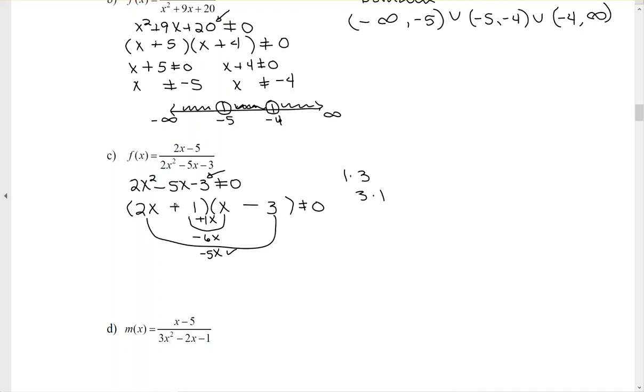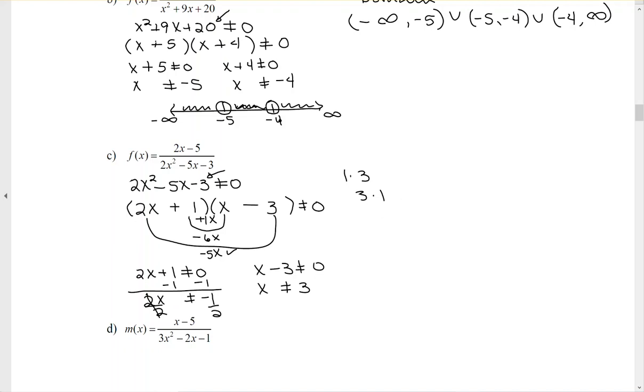Once I'm sure about the multiplying it back out to get this, I then go ahead and set each factor not equal to 0, and then solve for x. So add 3 here, x can't be 3, subtract 1, divide by 2, and we come up with x can't be -1/2.